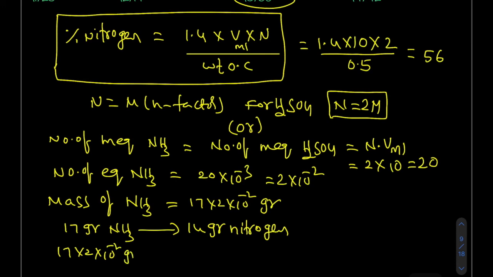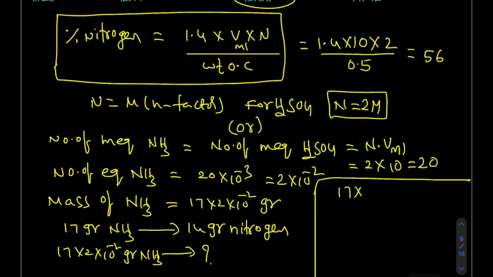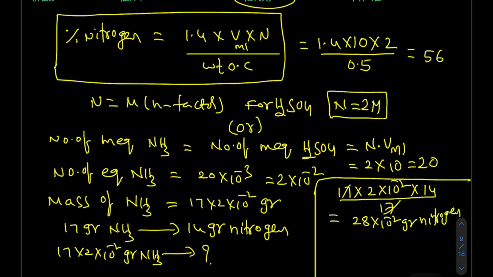Now 17 into 2 into 10 raised to minus 2 grams of ammonia will contain how many grams of nitrogen? That will be 17 into 2 into 10 raised to minus 2 into 14 divided by 17. 17 gets cancelled. So finally you have 14 2s are 28 into 10 raised to minus 2 grams nitrogen.